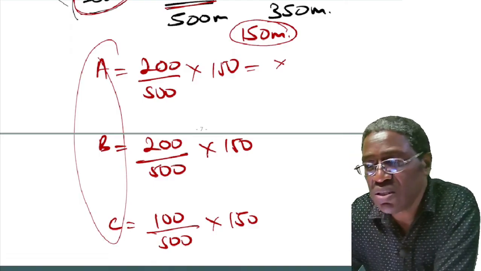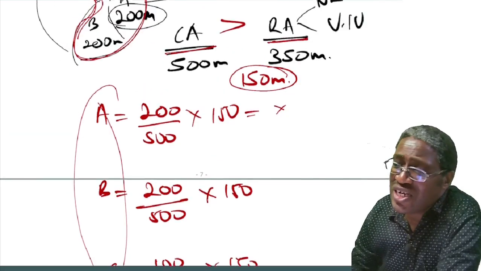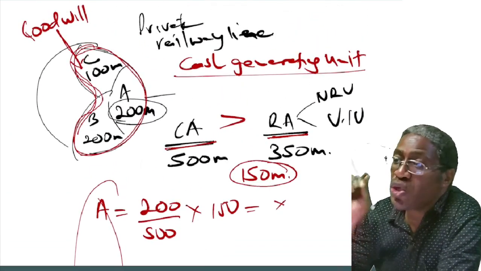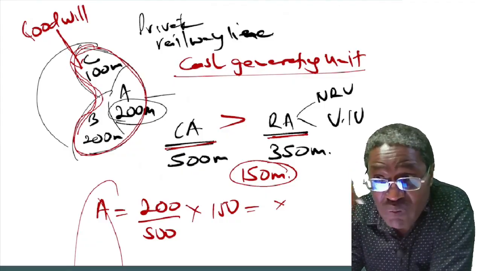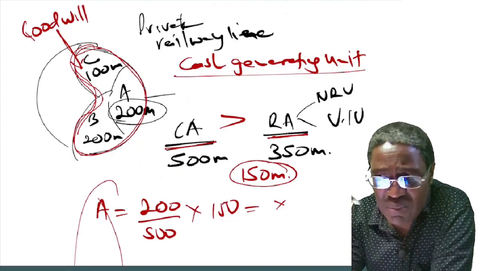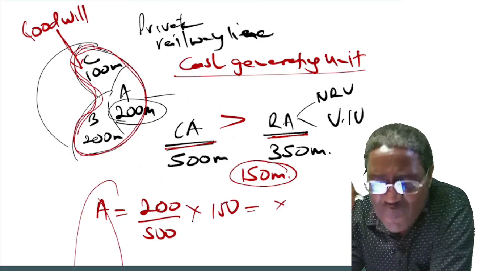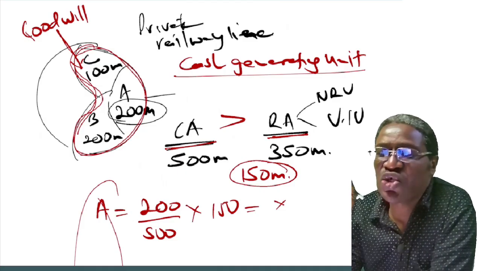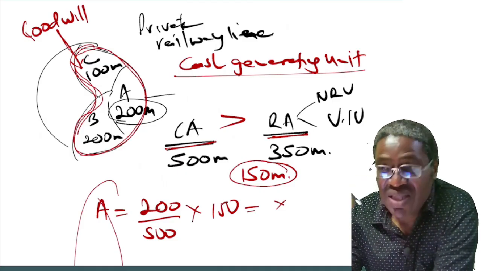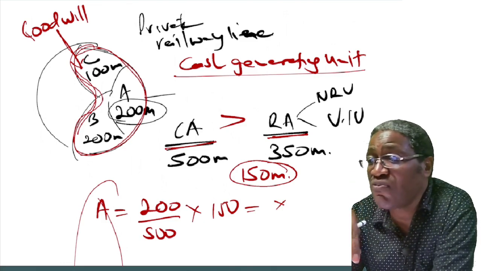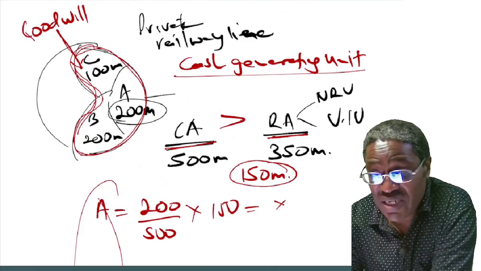Listen to this. The point is that if a cash generating unit to which goodwill belongs suffers an impairment loss, then that impairment loss should be written off in a particular order. This time you don't write off the 150 on the basis of the carrying amount like I did earlier.